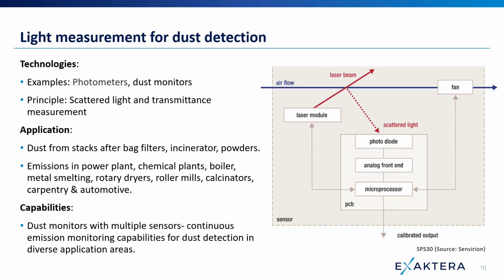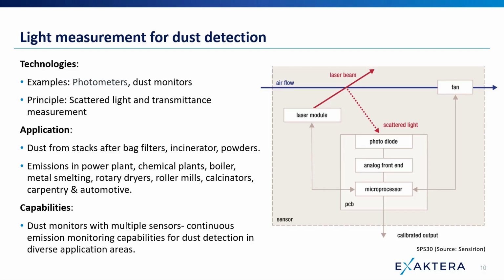These provide continuous emission monitoring capabilities, often using a combination of light scattering and transmittance measurement. Light scattering, where laser light is scattered onto an array of photodetectors, can be a very sensitive detection and analysis technique, providing details of both volume and particle size distribution, even when the volume concentration of particulates is very low, when a filtration system is operating effectively and there are no unusual accidental releases of dust, for example.